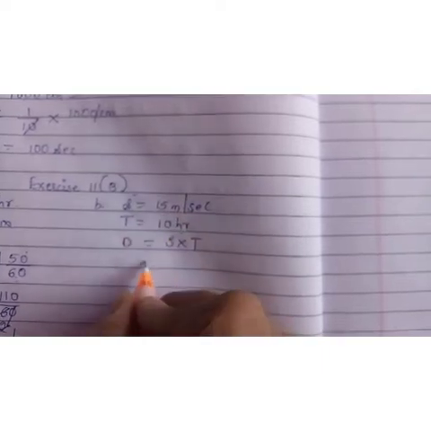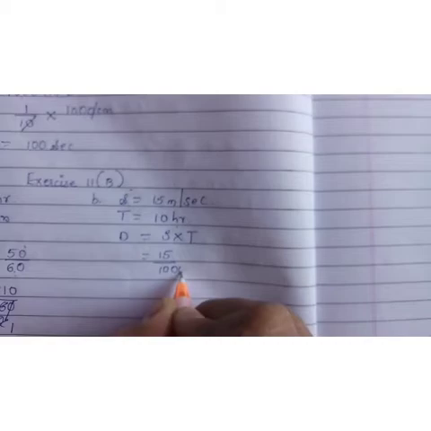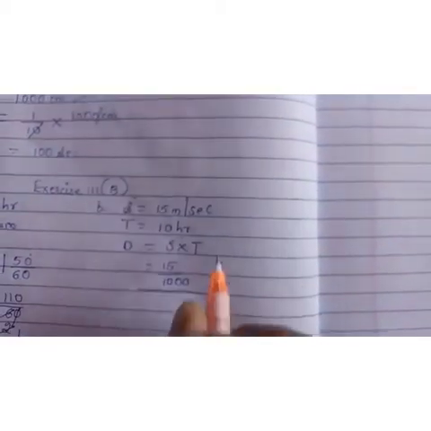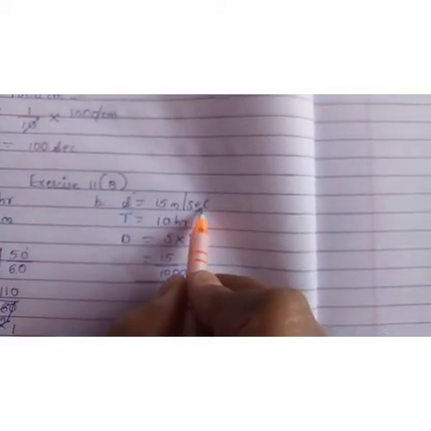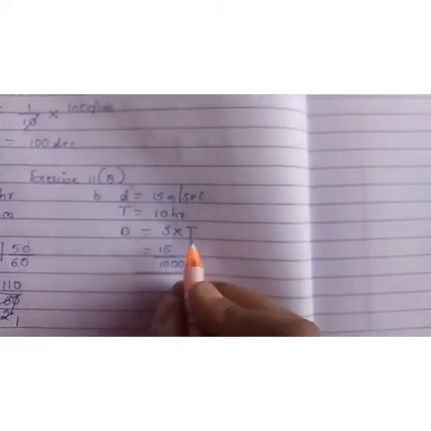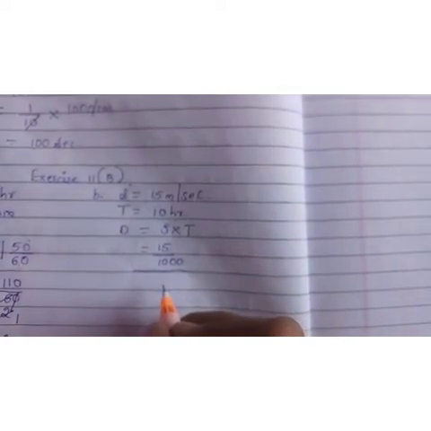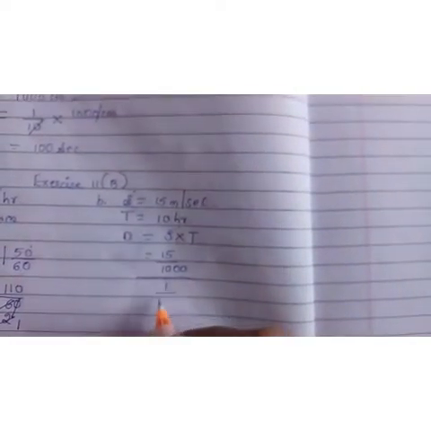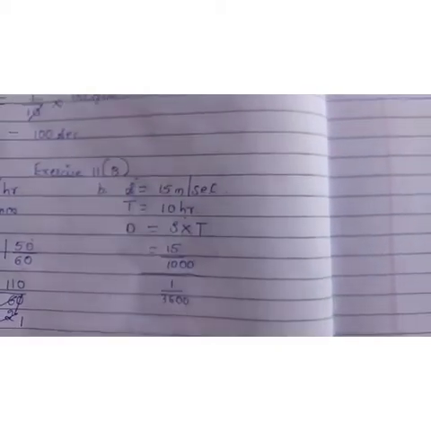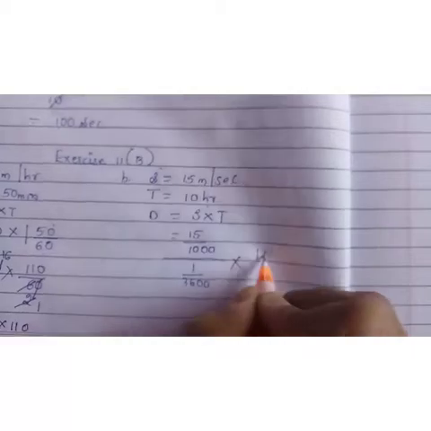So this 15 meters will become 15 upon 1000 per second, that is 1 second. You have to convert the seconds into hours. So you know 1 hour is equal to 3600 seconds, isn't it? So 1 upon 3600 into, what is my time, into 10.